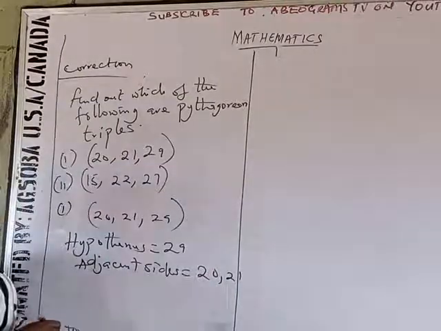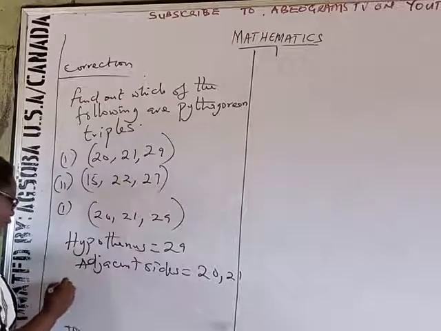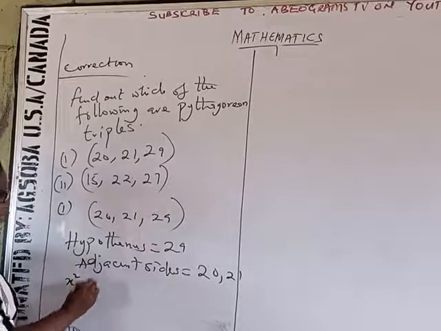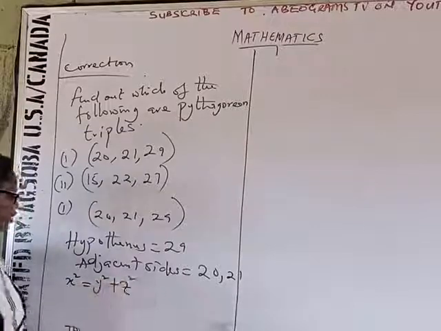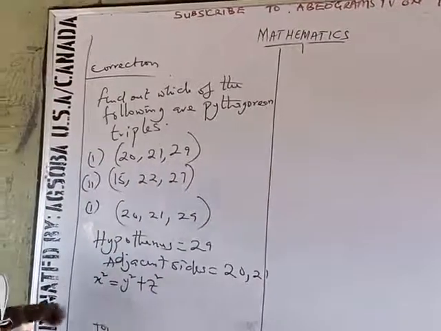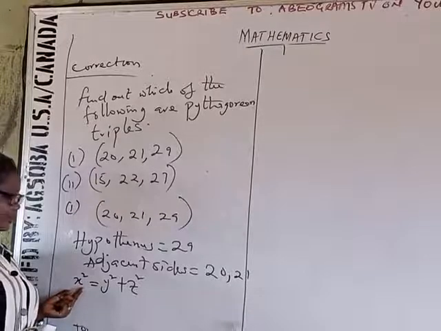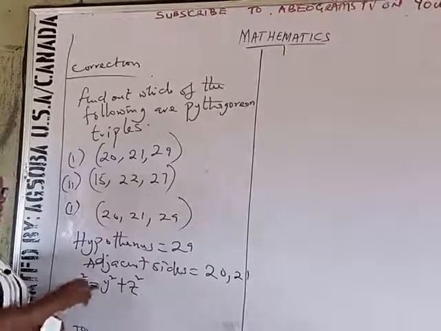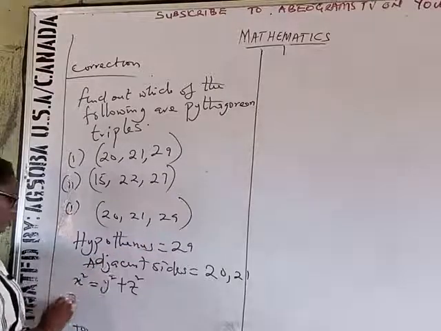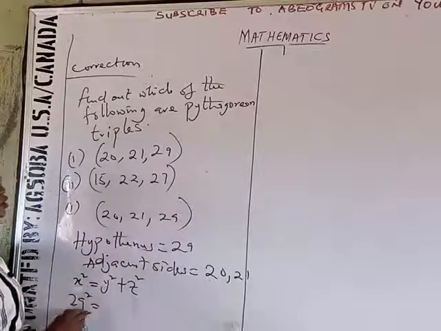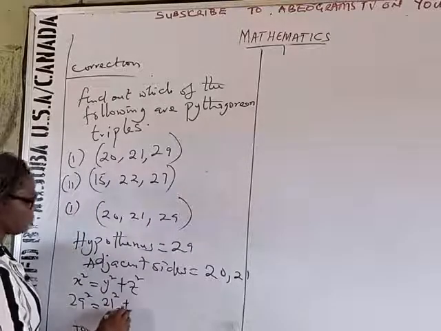So with the Pythagorean rule, the formula is x squared equals y squared plus z squared, with the hypotenuse side standing out as the subject of that formula. That means writing out this question, we have 29 squared equals 21 squared plus 20 squared.